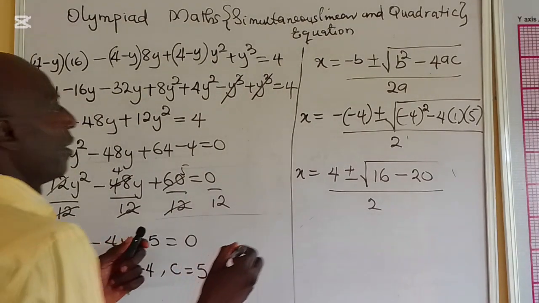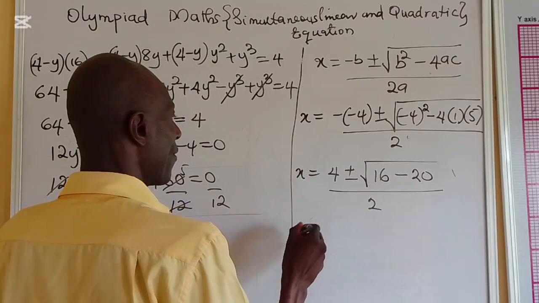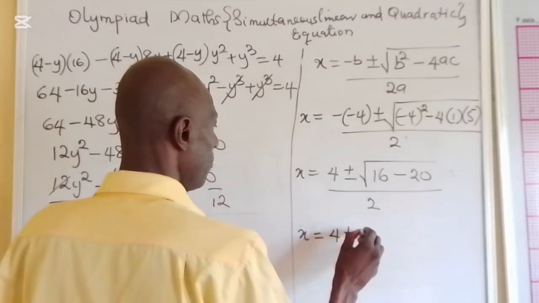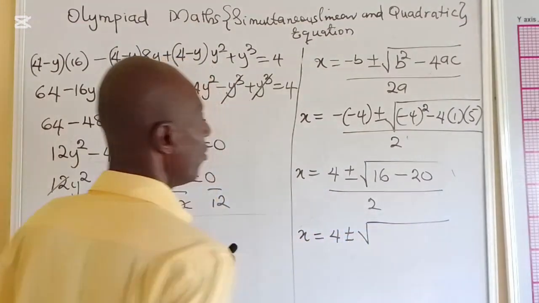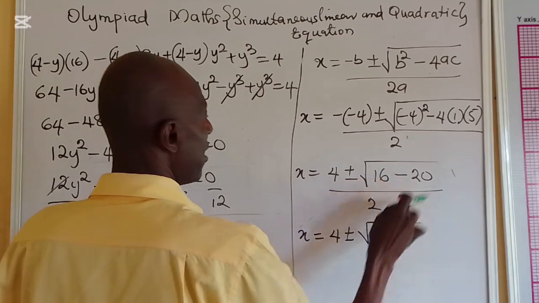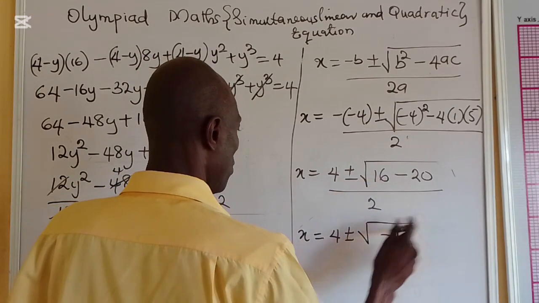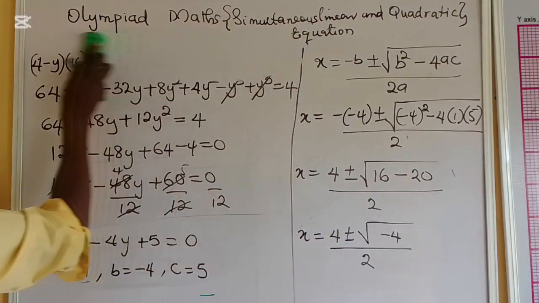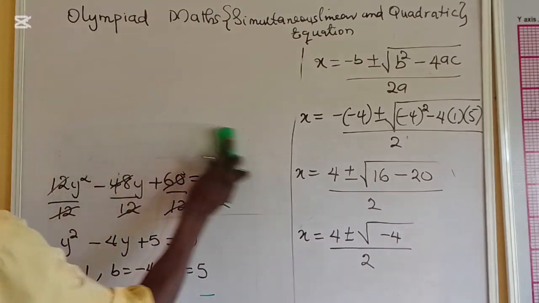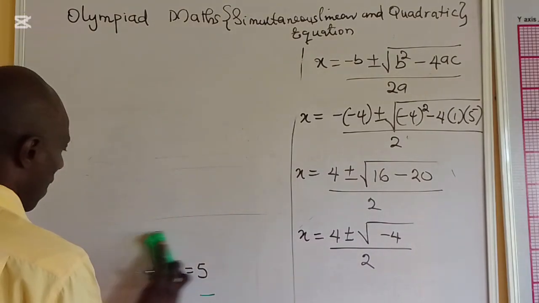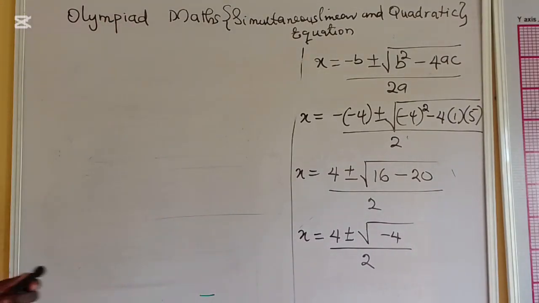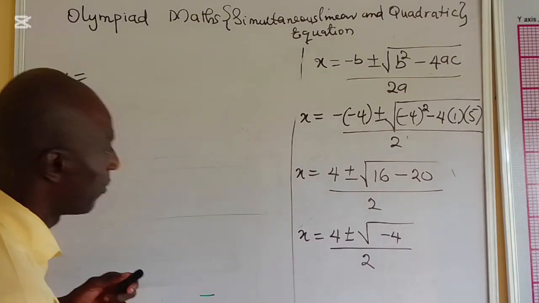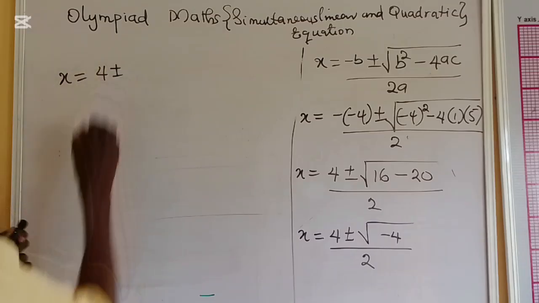Now, x is equal to 4 plus or minus the square root. What is now 16 minus 20? It is minus 4, all over 2. Okay, now x is equal to 4 plus or minus.